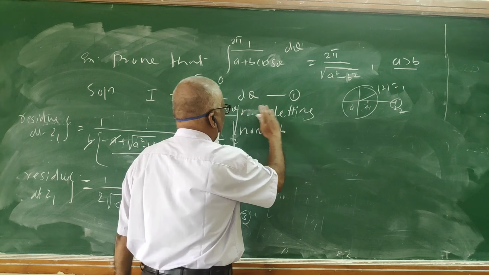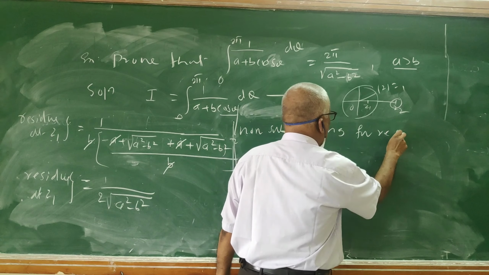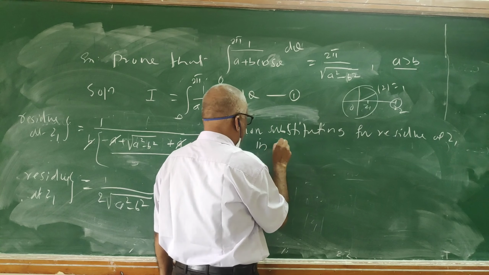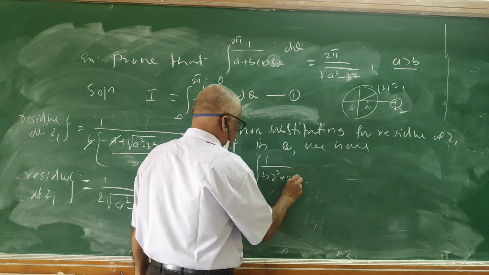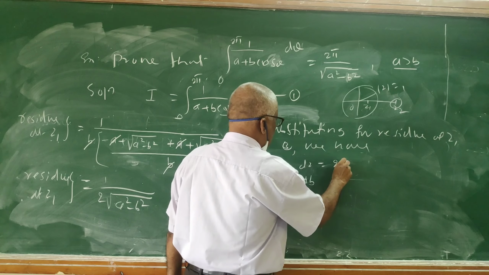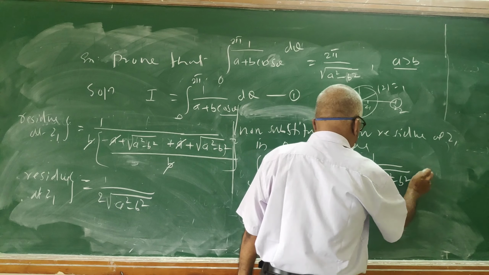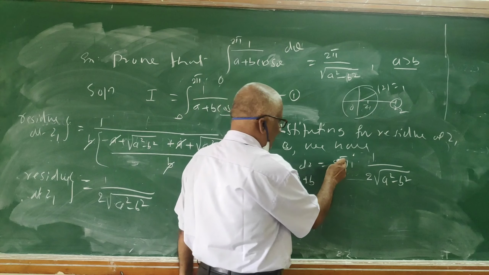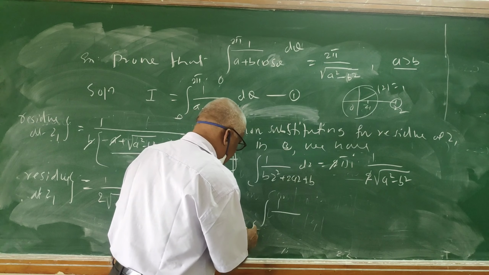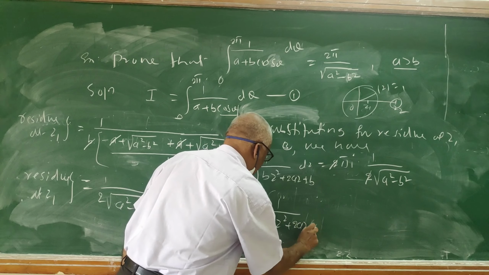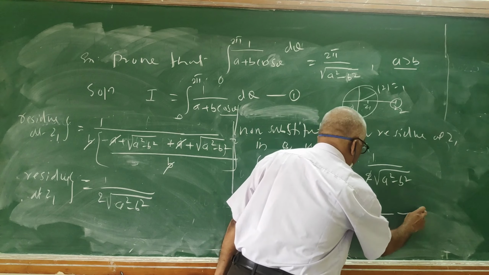Now substituting for residue at Z1 in 3 we have, the integral over the closed contour of 1 by (bZ square plus 2aZ plus b) dZ is equal to 2 pi I into 1 by 2 square root of a square minus b square. So here 2 and 2 get cancelled, so that the value of the integral of 1 by (bZ square plus 2aZ plus b) dZ is equal to what remains, pi I upon square root of a square minus b square, and take it as 4.